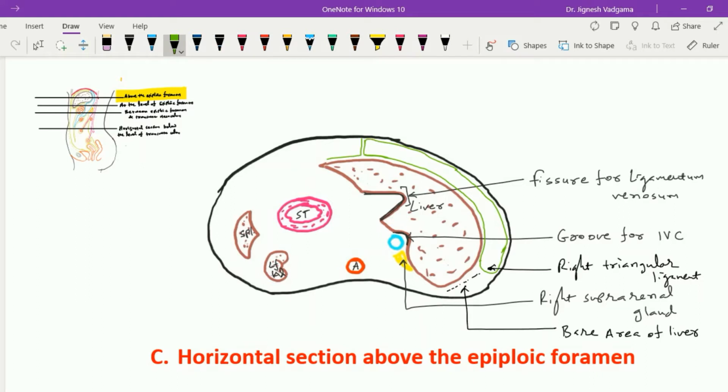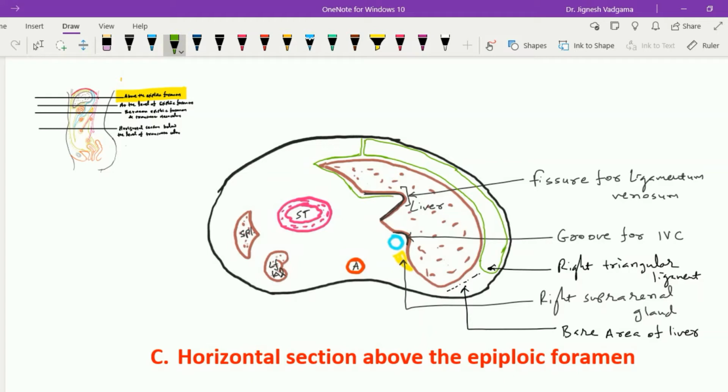Now when we trace the left layer of the falciform ligament, it covers the anterior surface of the liver. It also covers the inferior surface of the liver, and reaches up to the posterior surface of the liver where it finds the fissure for the ligamentum venosum.